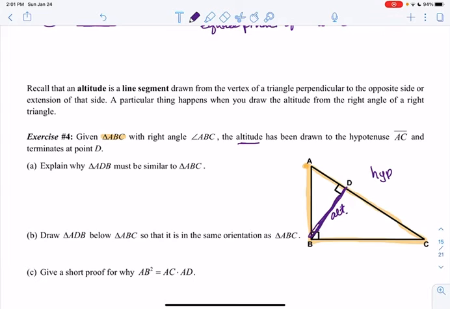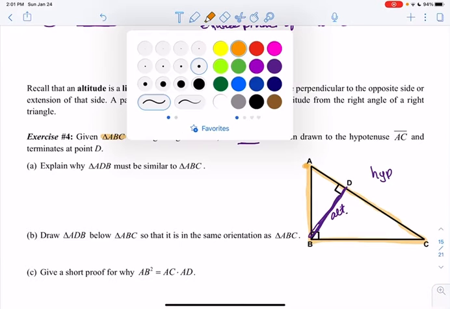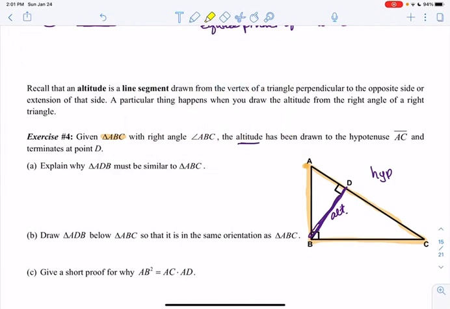Explain why triangle ADB must be similar to triangle ABC. All right, so ABC I have highlighted or traced out in orange. I want to know why this triangle right here is similar to it. Now remember, to be similar, I just need angle, angle. Well, both of those have a right angle, so that's 90 degrees.